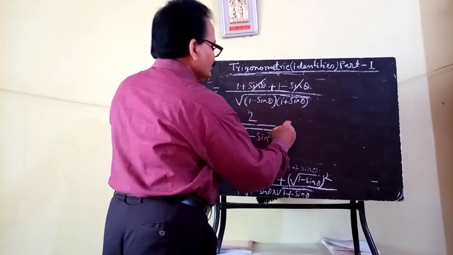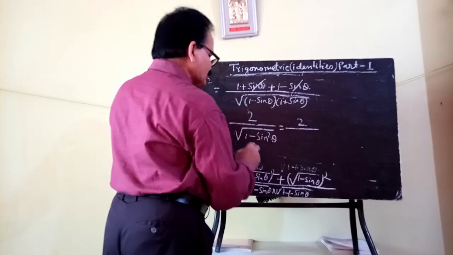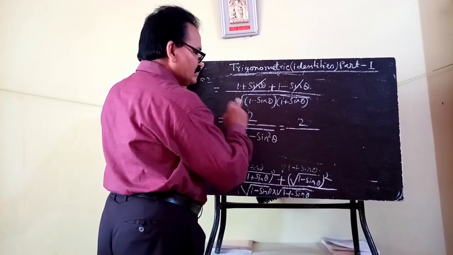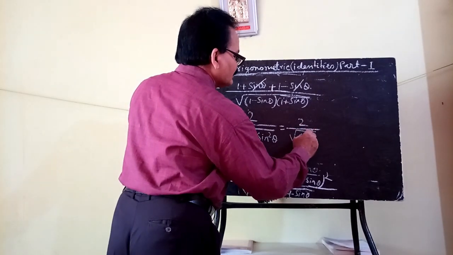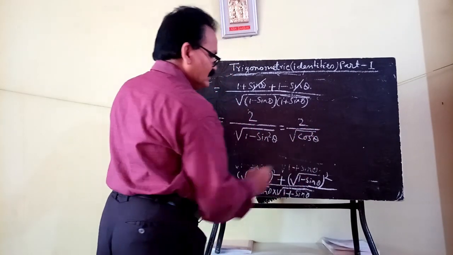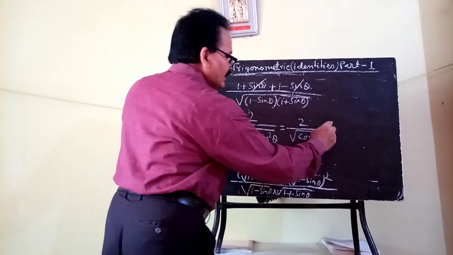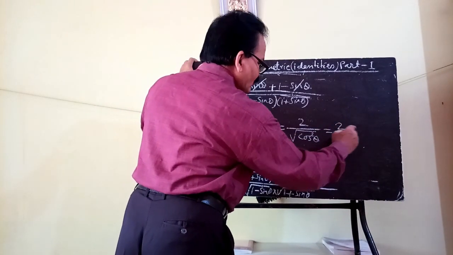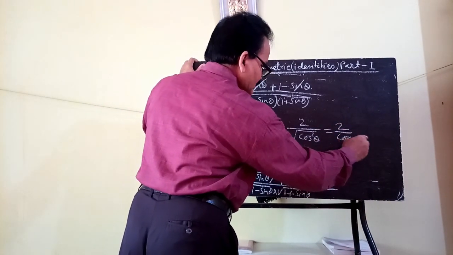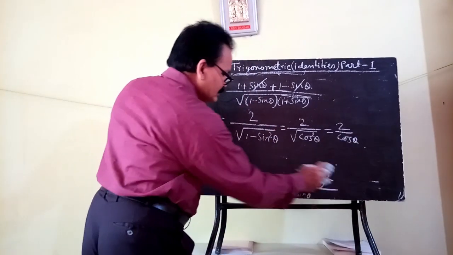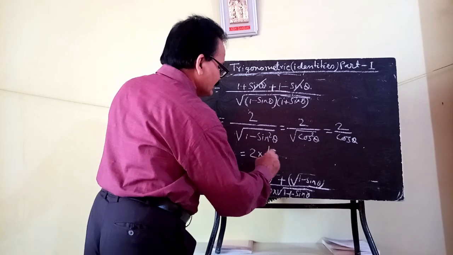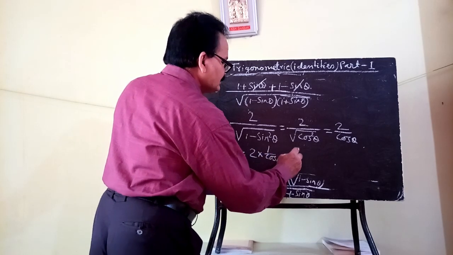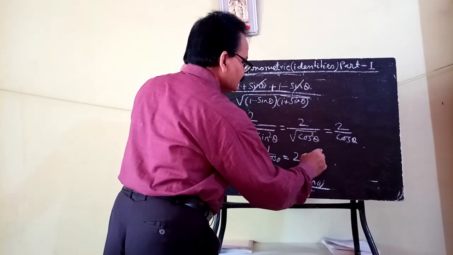Okay. So in the numerator it is 2. 1 minus sin square theta, if you will remember, that can be written as your cos square theta. So square root of cos square theta, it will become cos theta. So that means this is your 2 into 1 by cos theta means 2 sec theta.